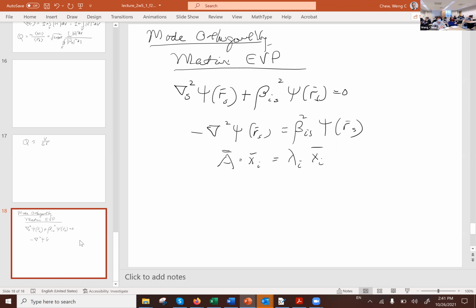So we solve that problem with boundary conditions, either of the Dirichlet type or the Neumann type, and you can get all the modes of the waveguide. So that problem is mathematically homomorphic to the matrix eigenvalue problem, in the bottom equation.